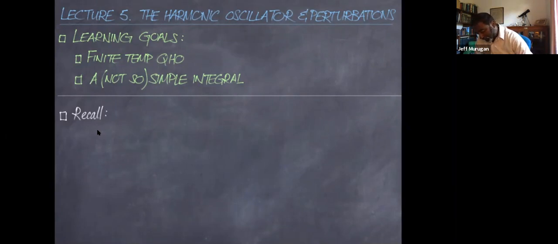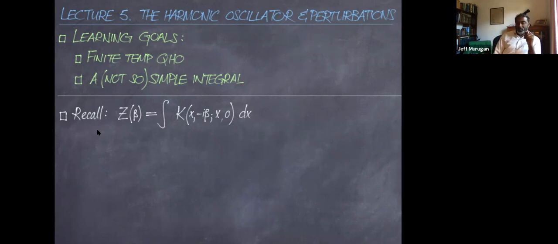And the statement was the following, that I can calculate the partition function, which you'll remember is a function of the inverse temperature beta, by computing the propagator, which is the central object that we like to compute in path integrals, for the same starting and final state, let's call it x, evaluated at a final time of minus i beta.